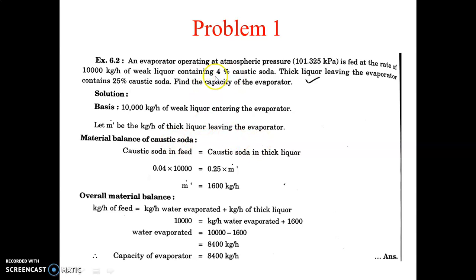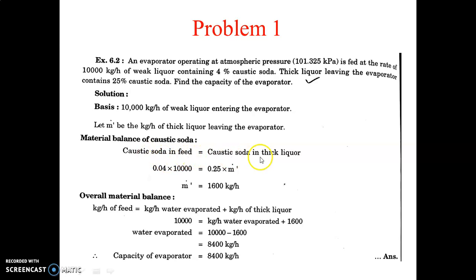So in feed we have 4% caustic soda, and in product we have 25% caustic soda, and the remaining is water. So you have to find out the kg of water evaporated, which is known as the capacity of the evaporator. Just write the material balance.